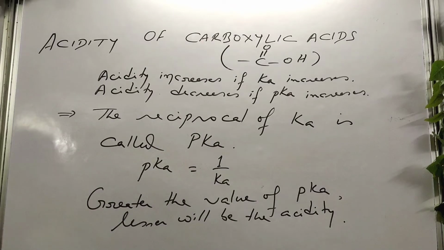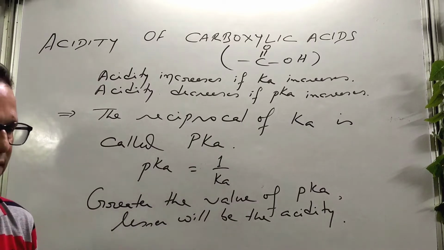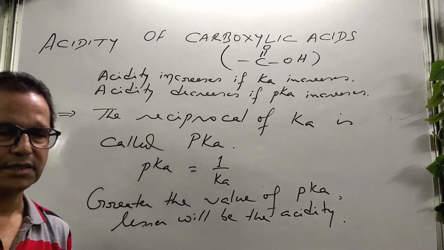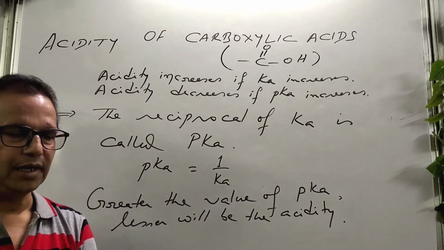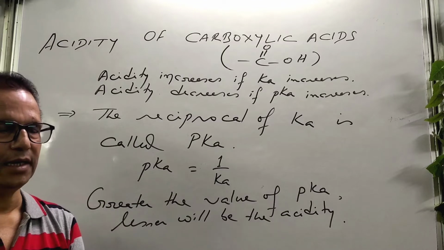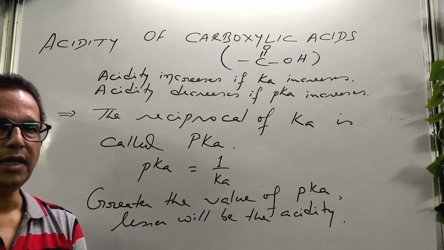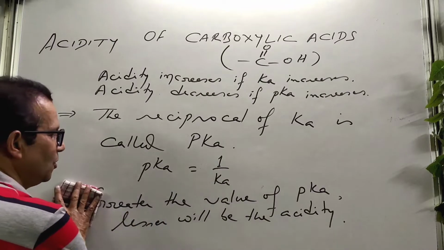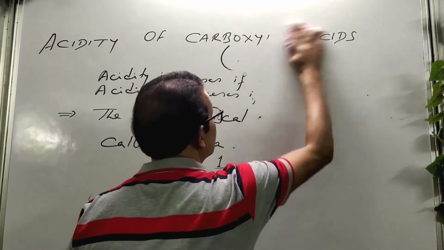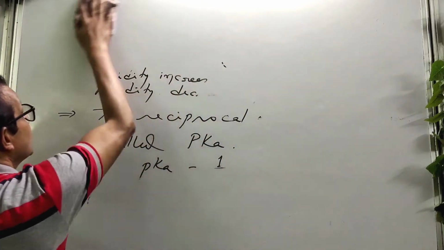Clear? So remember it, the acidity of a carboxylic acid can be determined mathematically in terms of Ka and pKa. Clear? Okay, now the next topic.